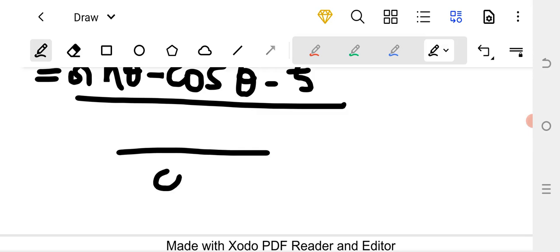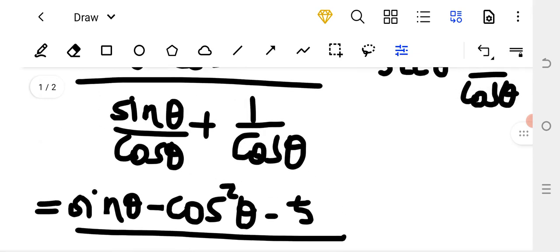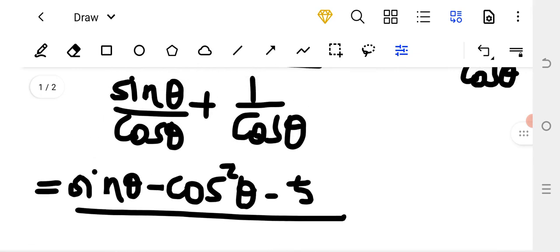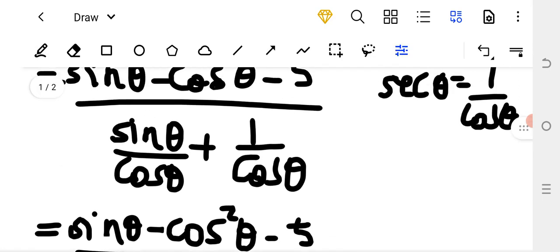The lowest common denominator of the two fractions here is cos theta. Then cos theta into cos theta will be 1, times sine theta is sine theta.